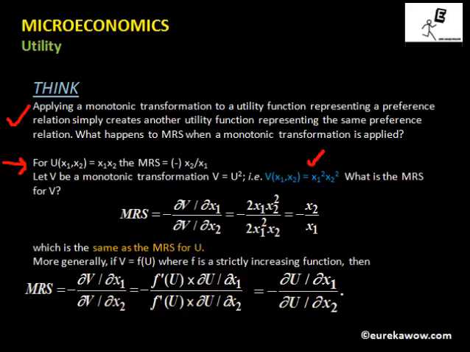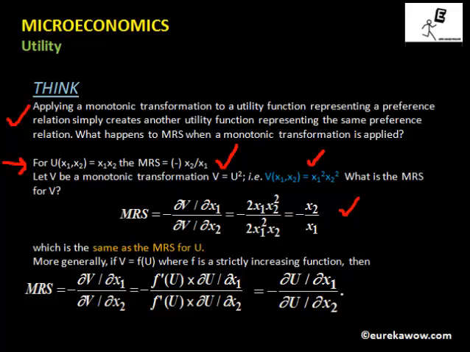MRS in this case will be minus of del v by del x1, that is the marginal utility of the utility function v with respect to x1, divided by the marginal utility of the utility function v with respect to x2. When we calculate this, we get minus x2 by x1, which is the same as what we obtained when the utility function was u(x1, x2). So we clearly see through this example that when a monotonic transformation is taken, the MRS does not change.